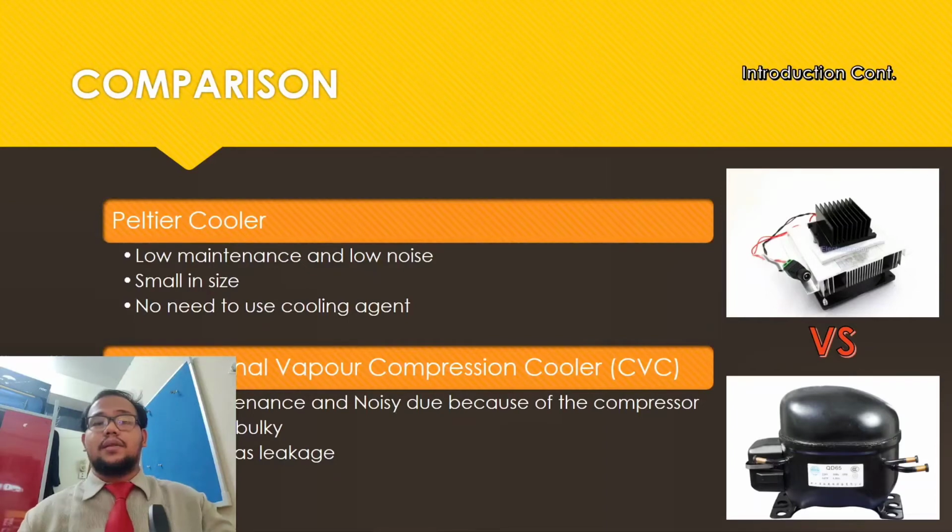Some of them are only 4 cm by 4 cm, and we do not have to use any cooling agent for it to run efficiently. But the CVC cooler has high maintenance, and it is very noisy because of the compressor in it. It is also a very large and bulky system, and it is prone to gas leakage because it uses a cooling agent.